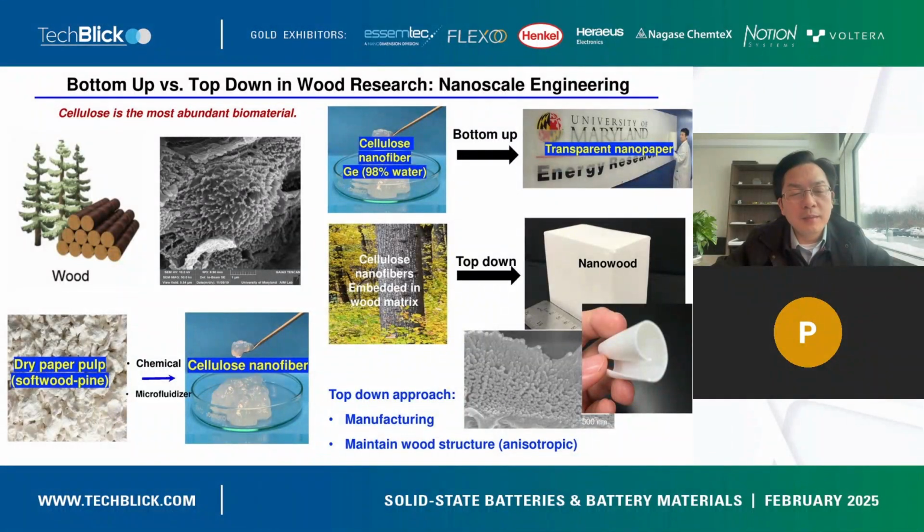You typically chemically treat the fibers, and then you mechanically break them apart or beat them up into nanofibers. So you have this transparent gel, and you can assemble it into membranes and separators in batteries or some other applications like packaging. I've done a lot of work on this when I was in Maryland.